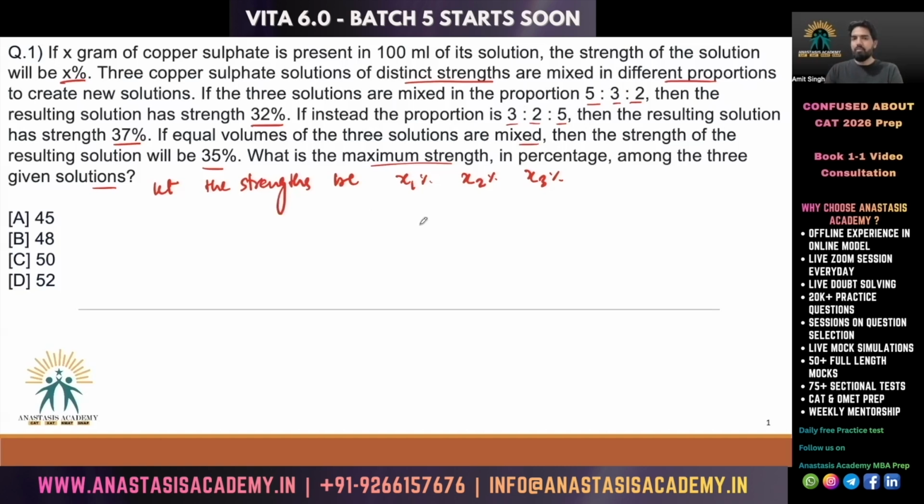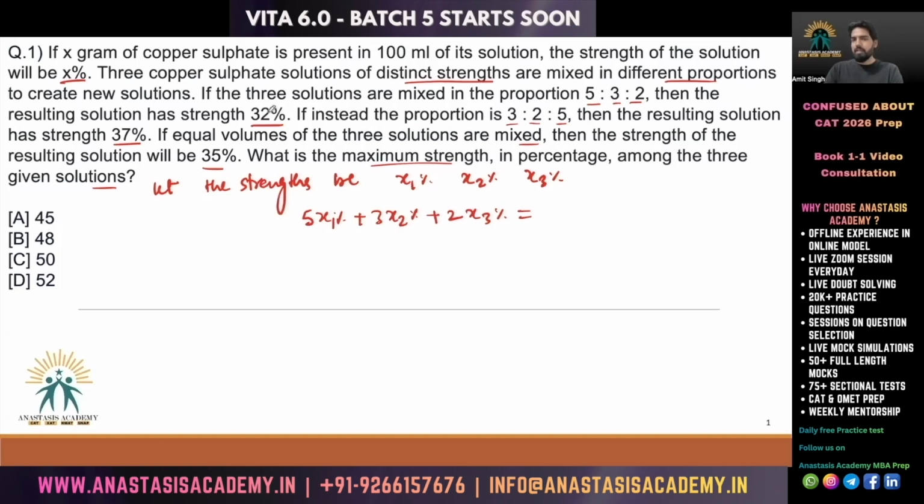Using the concepts of weighted average, I can write it as 5x1 percentage plus 3 times x2 percentage plus 2 times x3 percentage would be equal to, this would be 5 and 3, 8 and 2, 10, divide by 10 is equal to 32%.